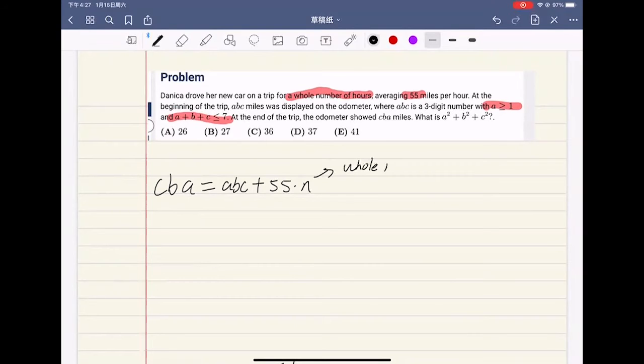Yeah, right. But how can the number be 106? What do you mean, 106? I mean, you got A for 1, B for 0 and C for 6, right? Yes, final answer.